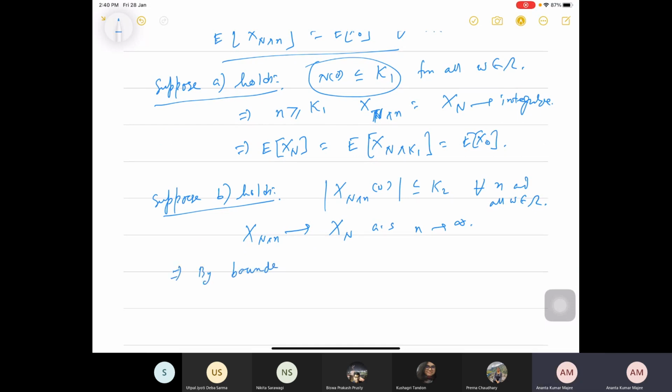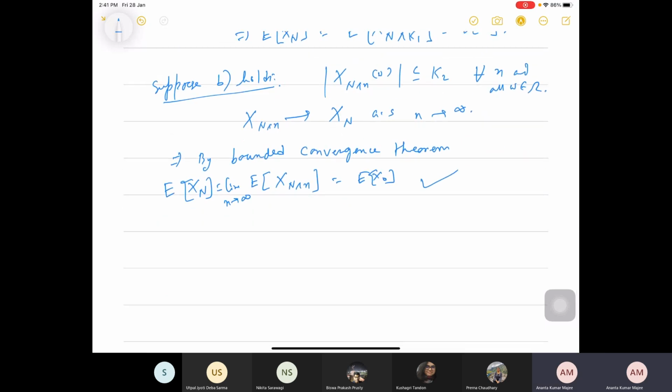By the bounded convergence theorem, what I can say is that the expectation of X_N is the same as the limit as n goes to infinity of the expectation of X_{n∧N}, and this is nothing but my expectation of X_0, is it not? So by the bounded convergence theorem, under condition 2, I can have this part.